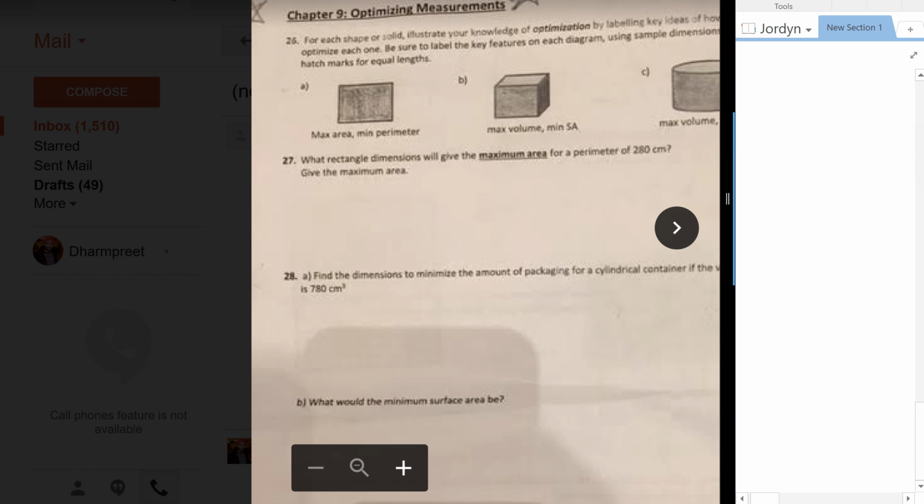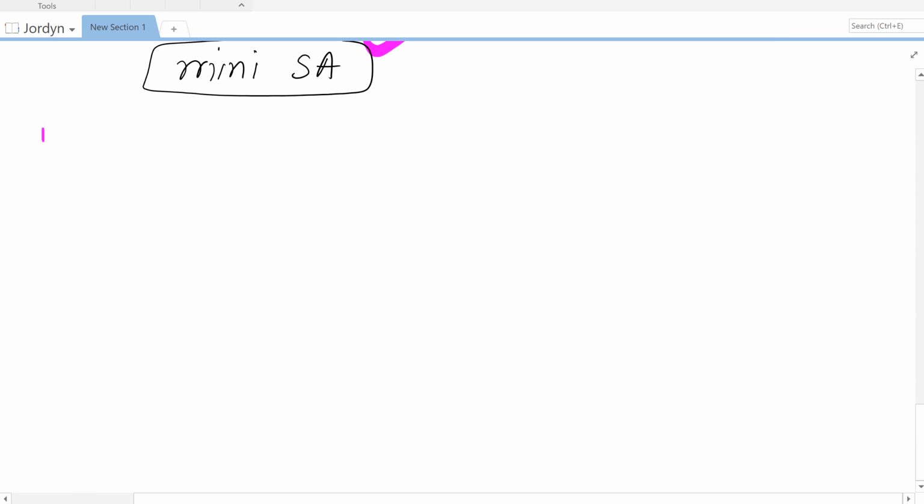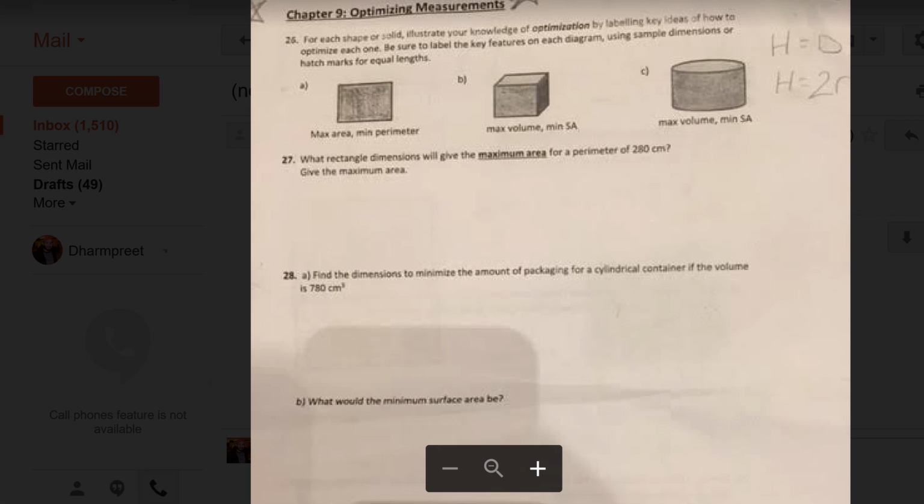Let me write it down. They gave you this P. I think 280 is the perimeter, and we have to find the maximum area of the rectangle. Yes, 280 centimeters is the P.